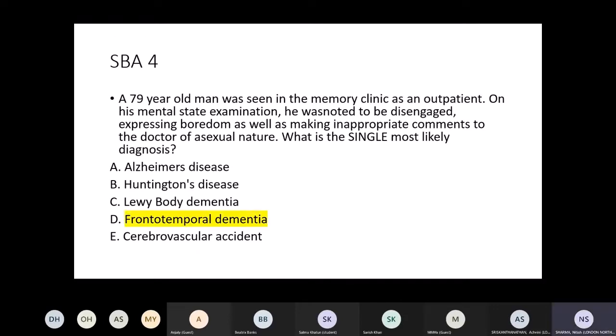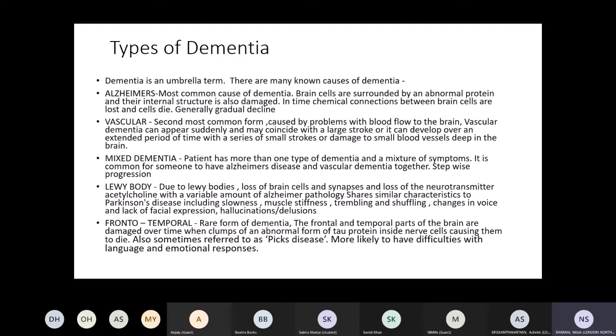Yeah. So the correct answer is frontotemporal dementia, also known as Pick's disease. So these are the types of dementia. Dementia is an umbrella term which includes Alzheimer's, vascular dementia, mixed dementia, and Lewy body dementia. Alzheimer's is the most common one. It is basically because of an abnormal protein surrounding the brain, which causes the dementia.